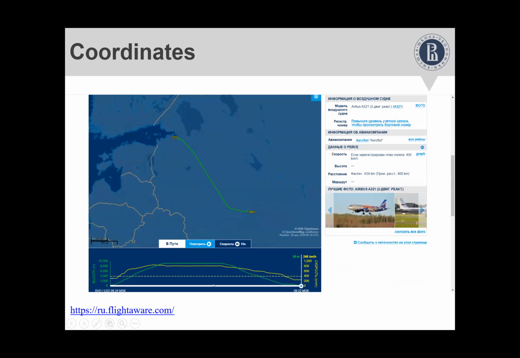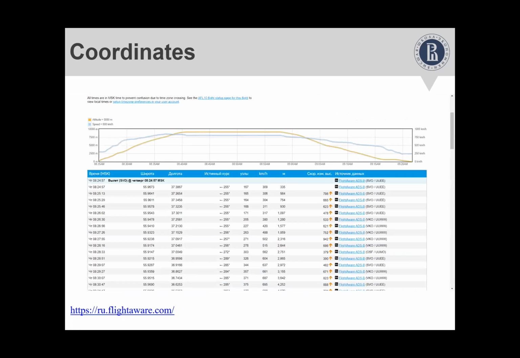Here you can see speed and other metrics, and as a result, you have a flight list where you have all the coordinates and all the information from that flight.